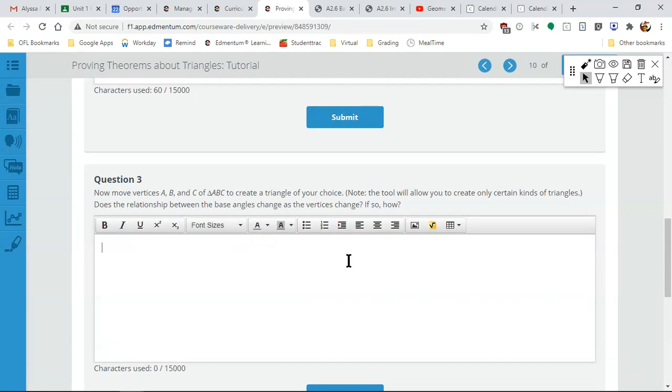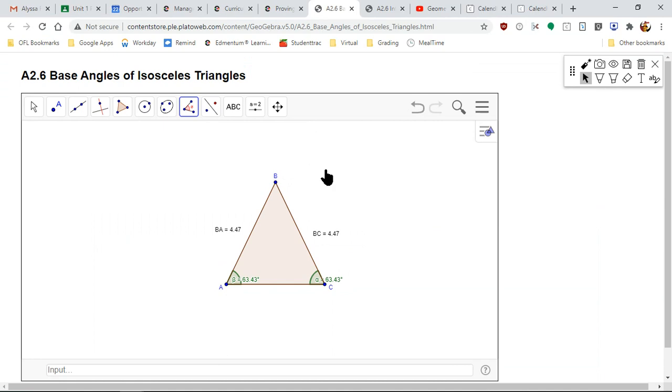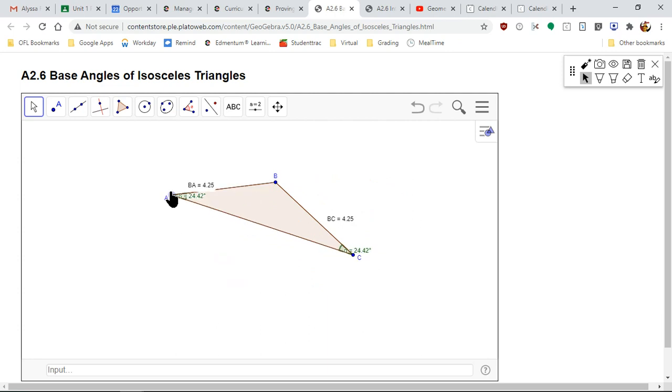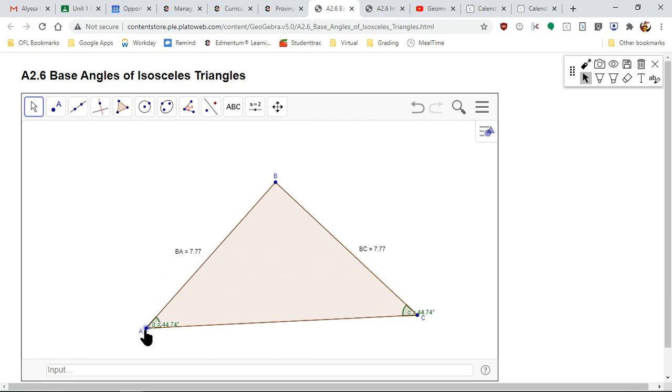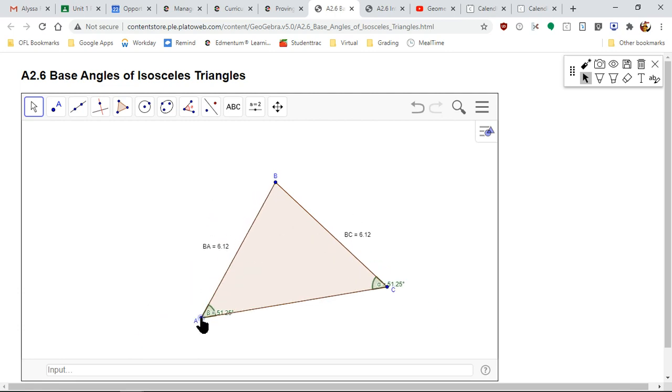So now move the vertices around and compare. What do we notice? So they want us to move this around. Oh, I didn't have it on the move option. So if I move this around, notice how they stay the same. That's because they fixed it. So if I change the side of A, it changes the size of C here.